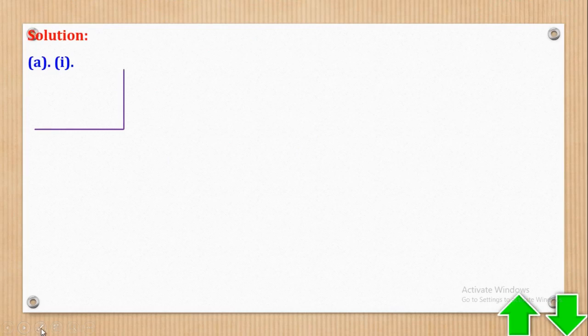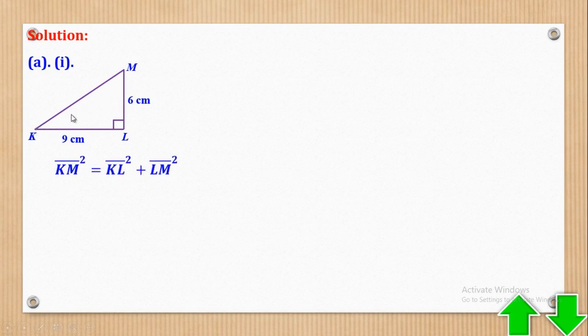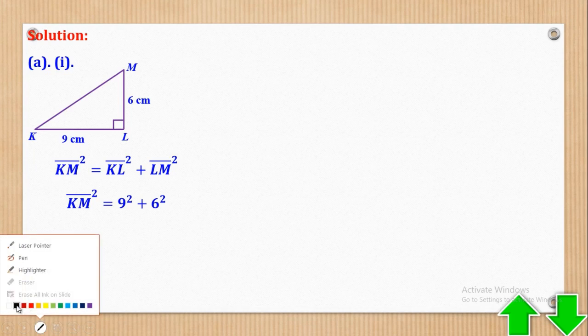So for Roman 1, if you have to draw a right angle triangle, this question of three-dimensional geometry is easily done by you first isolating out the right angled triangle. So I'm going to isolate right angle triangle KLM, and in that case we have this KM as the hypotenuse, therefore KM squared is equal to KL squared plus LM squared. When I substitute, I'll come up with that. So KL is 9, LM is 6.